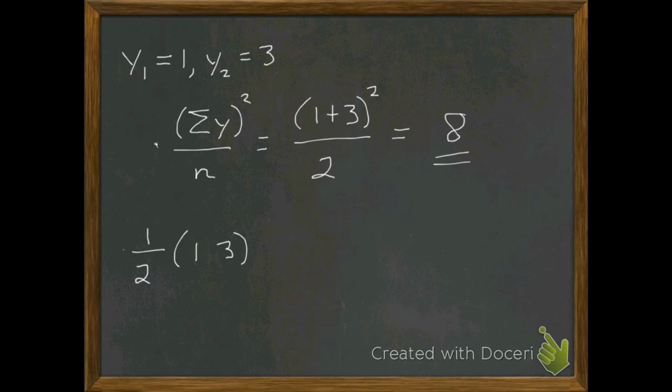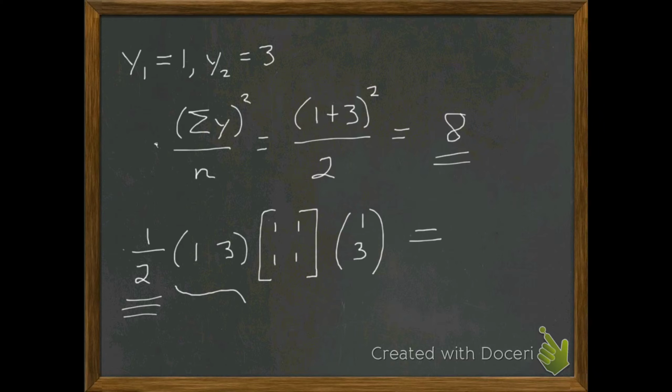So we have two y's, so we're going to have a 2 by 2, and times our original y, our response vector, which is 1, 3. Let's not worry about the 1/2 right now. Let's just examine what happens when we multiply the vector 1, 3 times the J matrix.